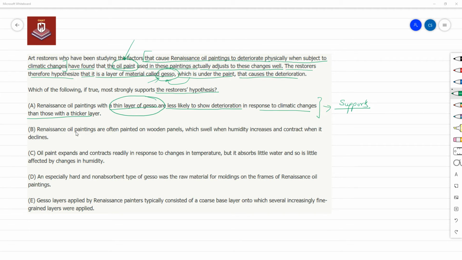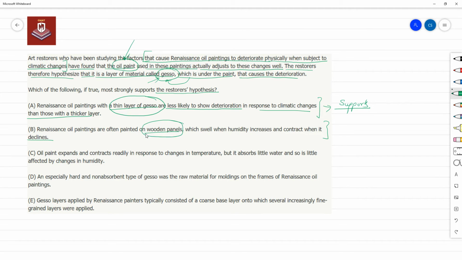Option B, Renaissance oil paintings are often painted on wooden panels which swell when humidity increases and contract when humidity declines. So it means that wooden panels are really susceptible to deterioration, right?